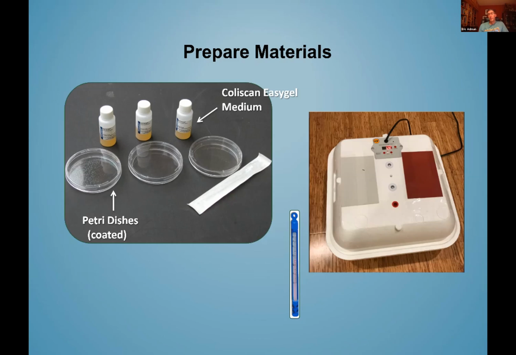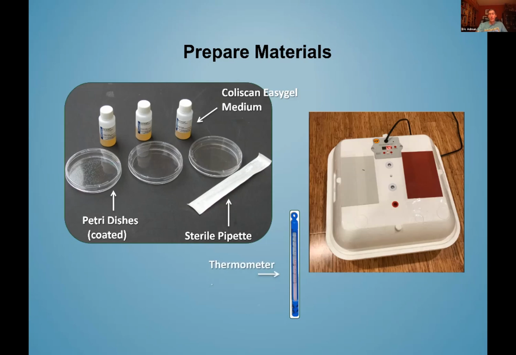You collect a water sample and put it in that little jar, and that's where you'll put your 1 to whatever milliliter sample, and then you'll subsequently pour it into the Petri dish. That gives the bacteria some food to grow. You're going to use something called a pipette, which is like a little something you can suck up water with. That's what you're going to use to collect your sample.